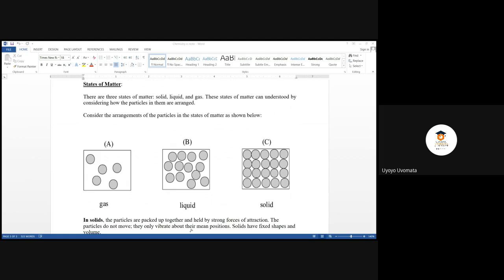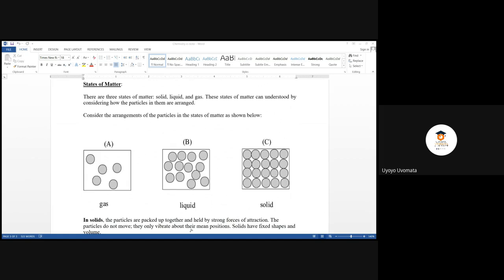The states of matter can be understood by how the particles in them are arranged. So there's a way the particles are arranged in the solid state, which differs from how they are arranged in the liquid state, and it differs from how they are arranged in the gaseous state. You can see the picture we have there: simple sketches A, B, and C. A is a gas, B is a liquid, C is a solid.